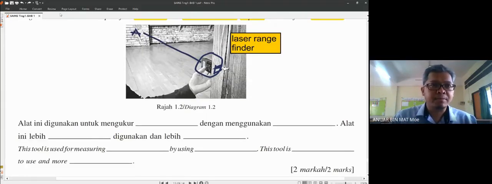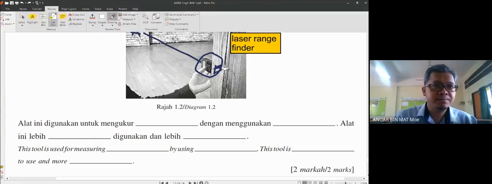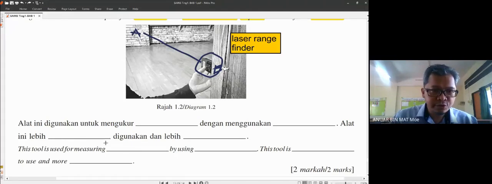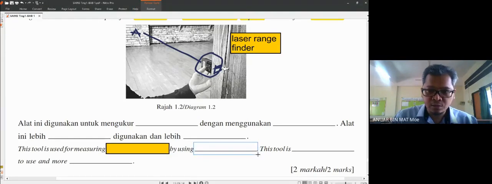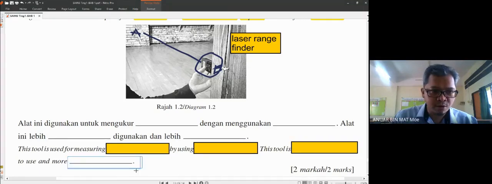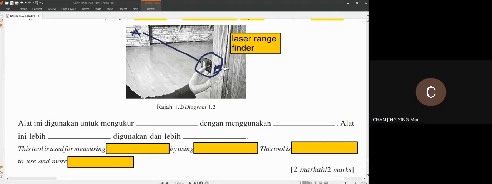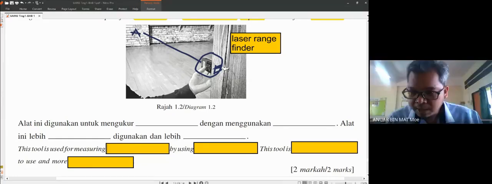Okay. So what is the answer? This tool is used for measuring what, by using what, and this tool is what to use and more what. Anybody? This is used for measuring length. Poyan, very good.